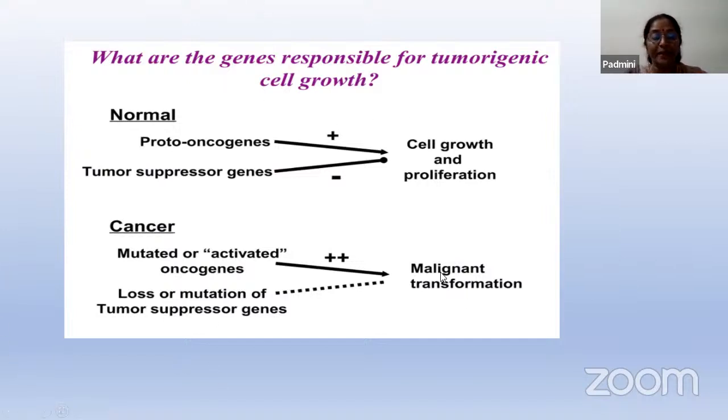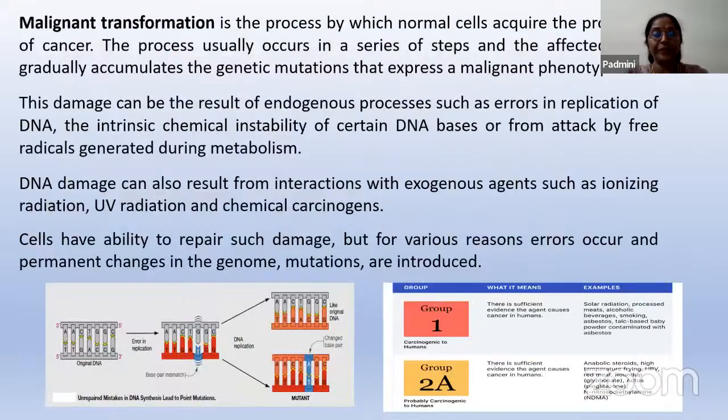And when there is a loss or mutation in the tumor suppressor genes, that also leads to malignant transformation. We are going to talk a lot about proto-oncogenes and tumor suppressor genes in the coming slides.